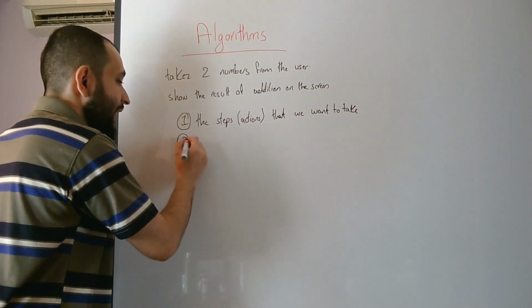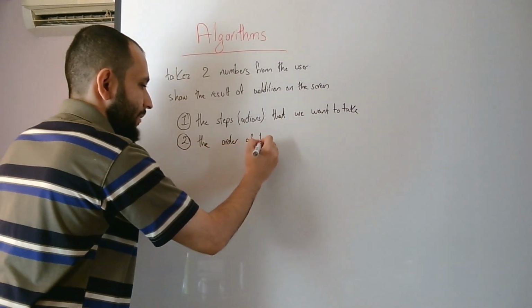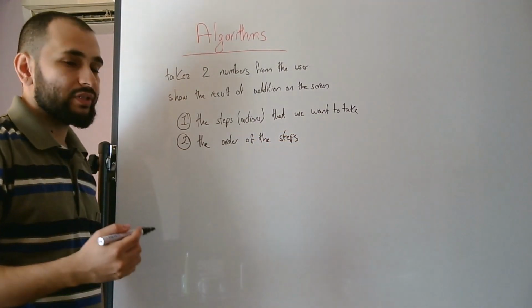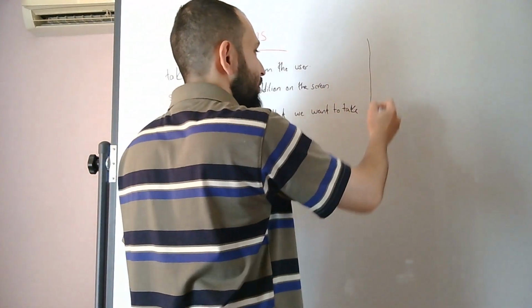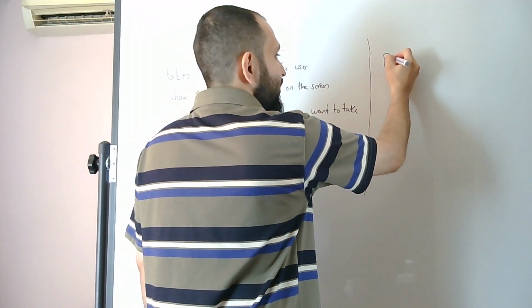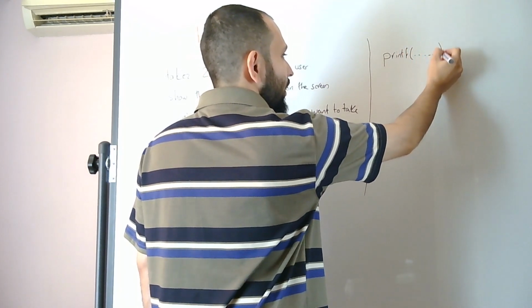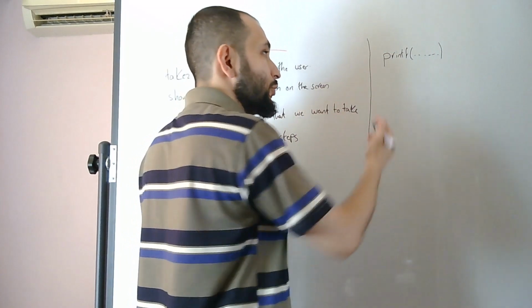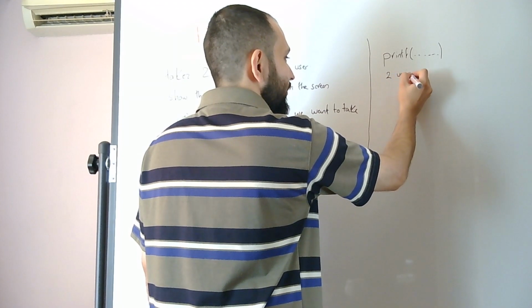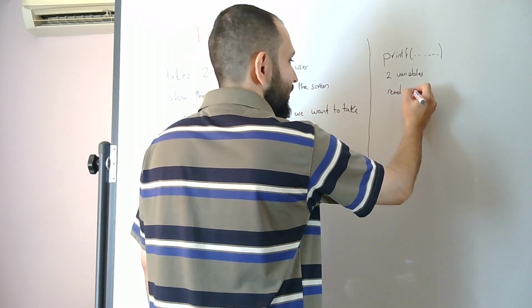And secondly, the order in which these steps are executed, the order of the steps. So secondly, the order is also very important. Let's suppose that we want to solve this problem. How we can solve it is that first we print a message on the screen, prompting the user to enter two numbers. Then we have two variables, and then we read those two numbers into the two variables.